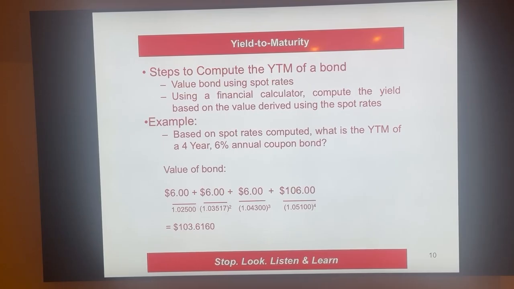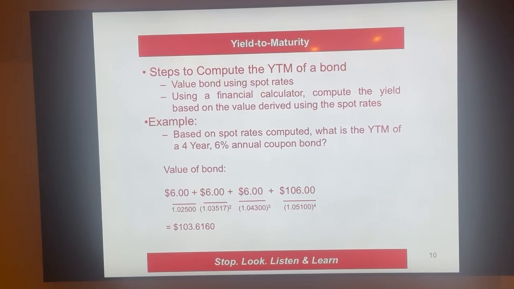Now, the face value of the bond we're going to assume is $100, and it's a 6% annual coupon bond, which means that it's going to pay interest of $6 for each of the next 4 years, and then at the end of 4 years when the bond matures, it's also going to repay the principal. So 1 year from now, we're going to receive $6, and so we need to discount that back at the 1-year spot rate, which we determine is 2.5%.